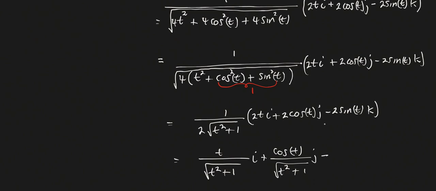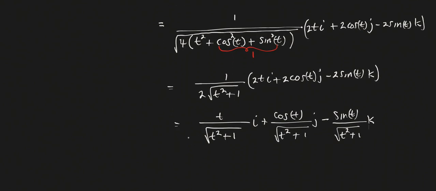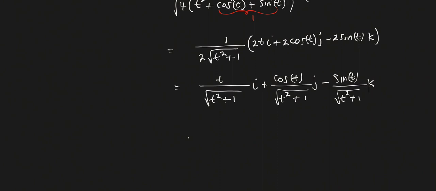And then the third component is going to be negative sine of t over the square root of t squared plus 1 times k, right? And this is our unit tangent vector, all right? So again, what's nice is it's using all our previous processes, but now applying it to these vector functions and their derivatives. All right, so last example, let's do this.